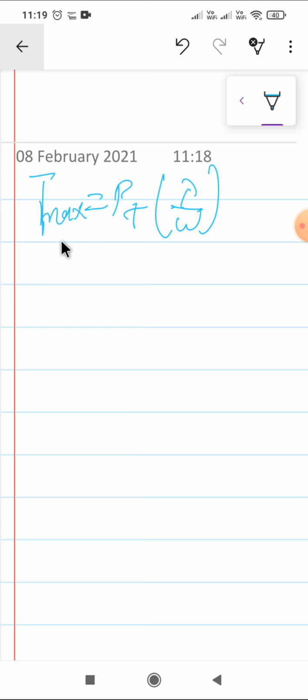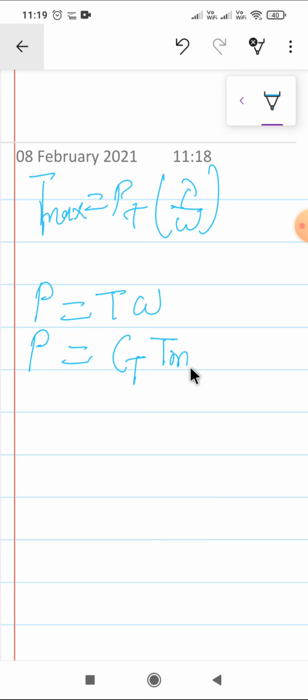So the shaft power P is equal to, as we know, T into omega. P is also equal to Ct into T max into omega.